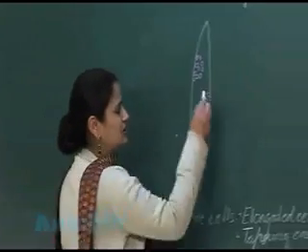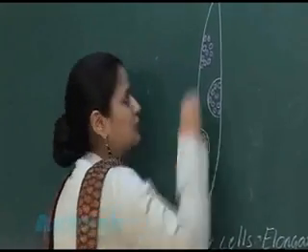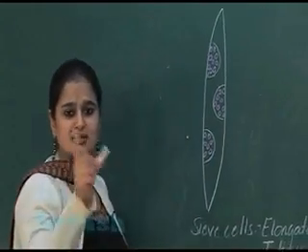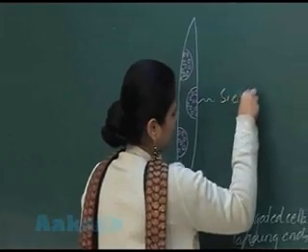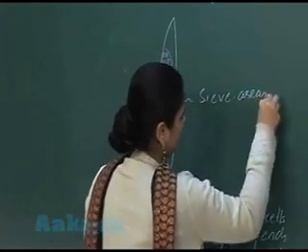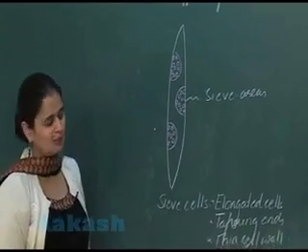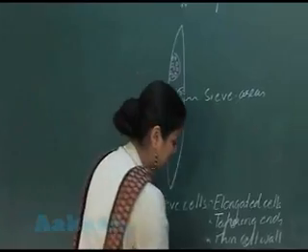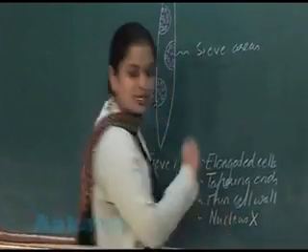So now these pores, yes, here these pores present, they are not going to be known as sieve plate. Rather, they are known as sieve areas. Got it? They are known as sieve areas. Again, in the sieve cells, at the mature stage, the nucleus is absent.